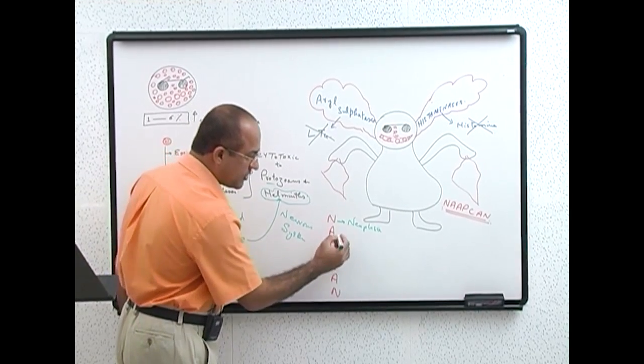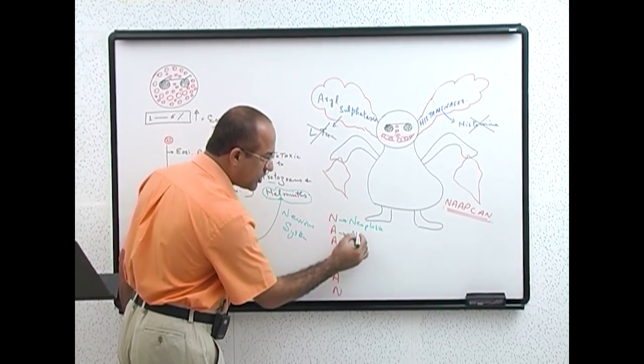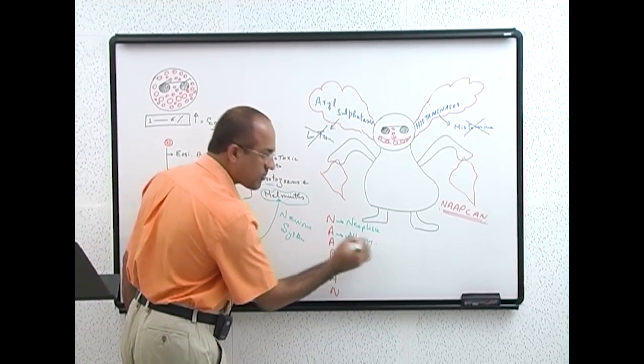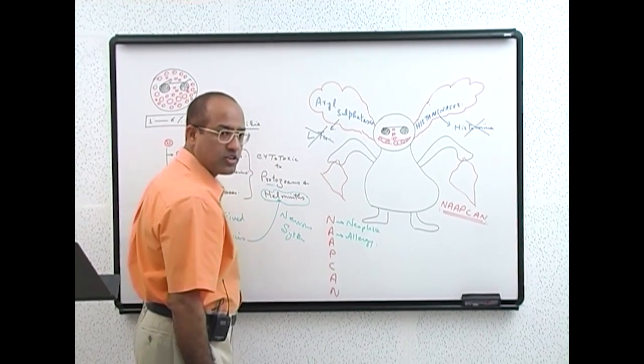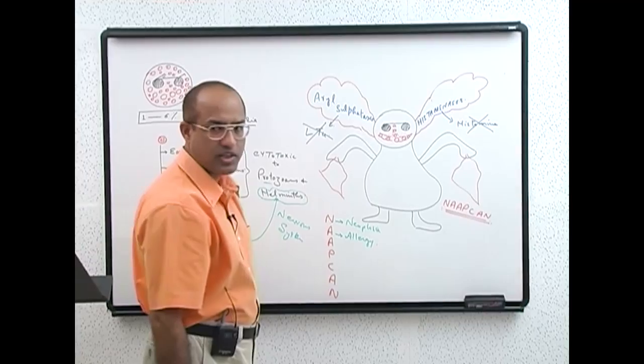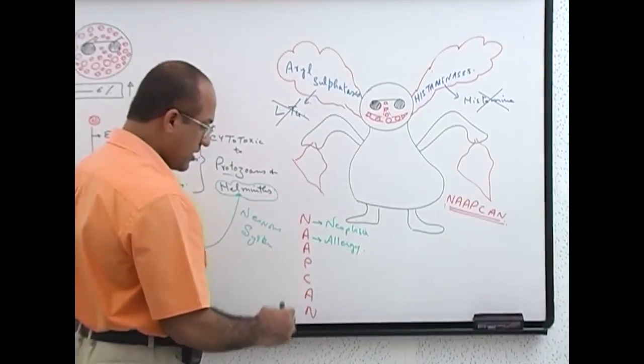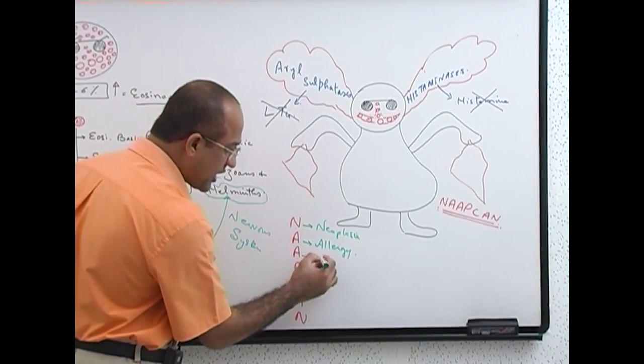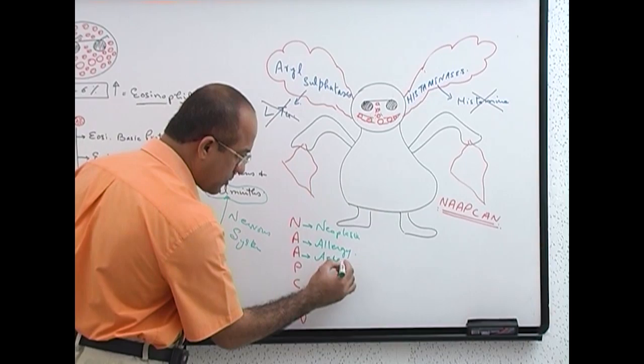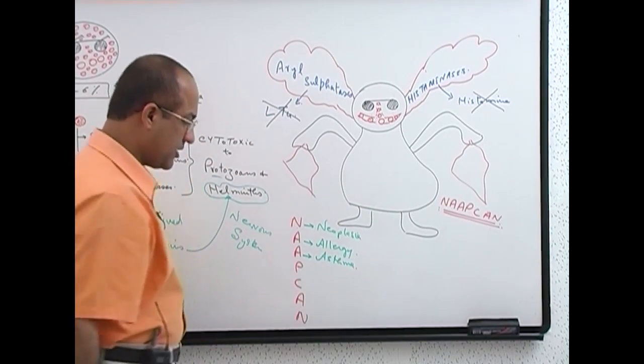N stands for neoplasia, A for allergy. In many allergic reactions, especially type 1 hypersensitivity reactions, eosinophils go up. Then another A, especially asthma, which of course may be due to allergy.